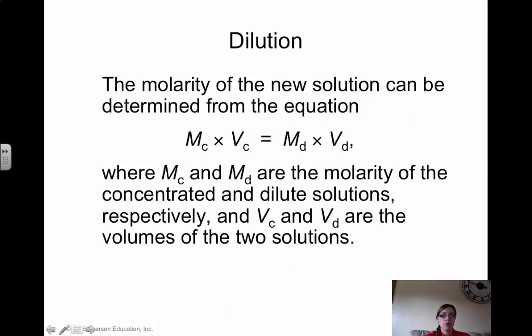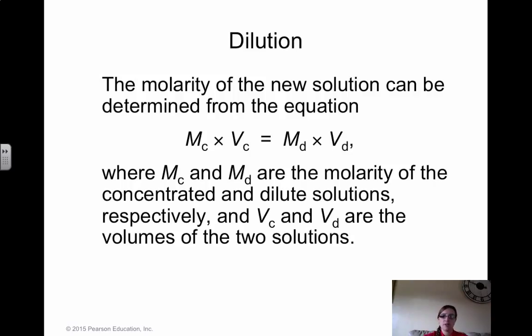With these dilutions, you can determine the molarity or even how much you might need by using the equation M1V1 equals M2V2. So this represents C and D: C represents concentrated, D represents dilute of each of the respective solutions.